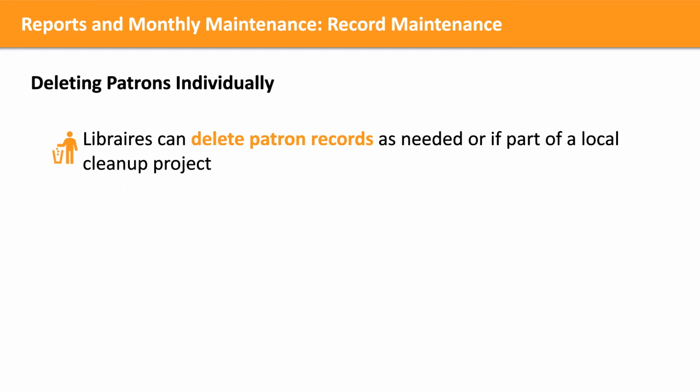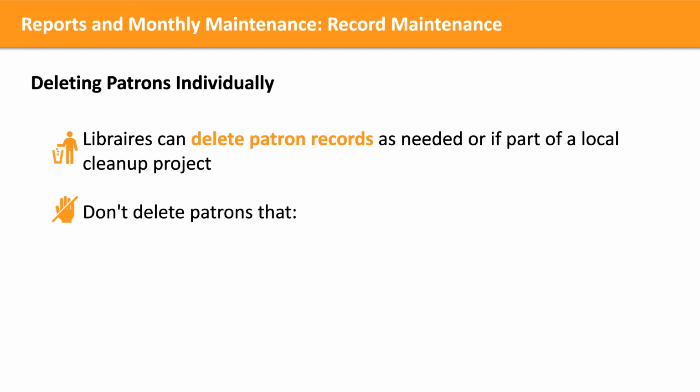Now, in addition to this monthly cleanup, libraries may also delete their patrons individually as needed, or if you want to do a local database cleanup project. Your deletion criteria may differ from the monthly purge criteria. So for example, you may opt to delete patrons who owe more than $15 to your library, or you can delete a patron that's only been inactive for 1 year. However, just some guidelines to follow here.